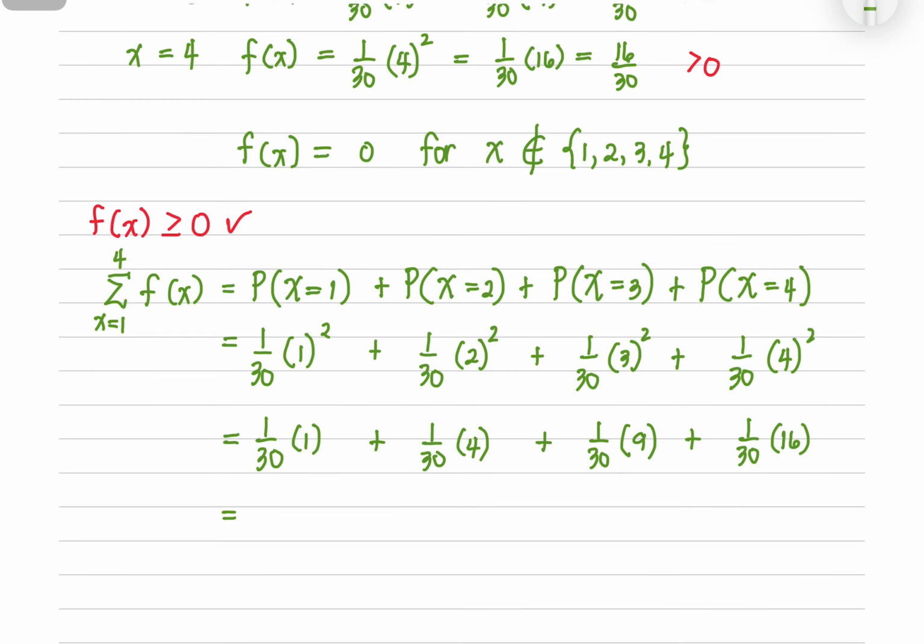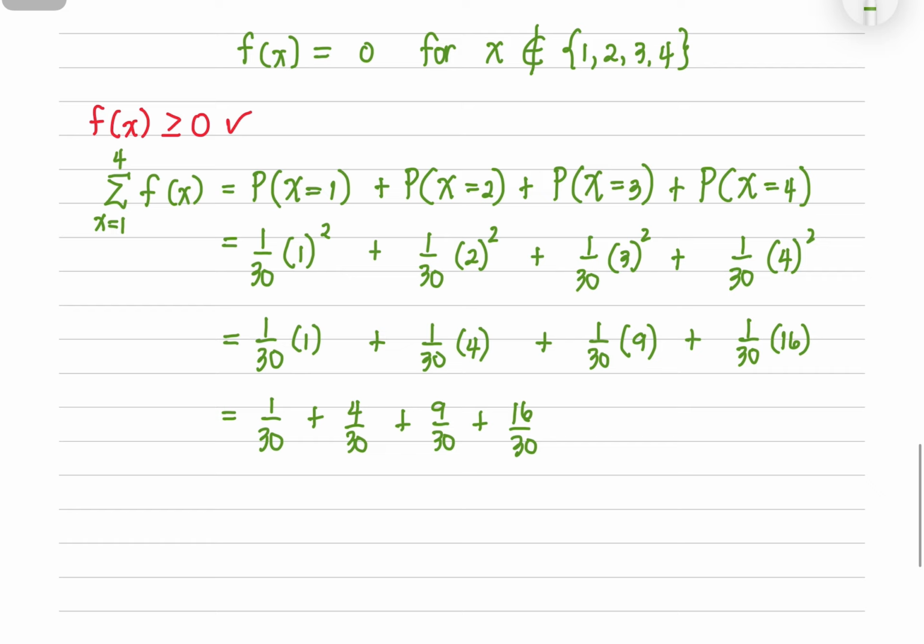Okay, again, let's simplify. So 1 over 30 times 1, that is 1 over 30 pa rin, still, plus, so 1 over 30 times 4, that is 4 over 30. Tama? Okay. And then, 1 over 30 times 9, that is 9 over 30, plus 1 over 30 times 16, 16 over 30. So guys, we come up with similar fractions.